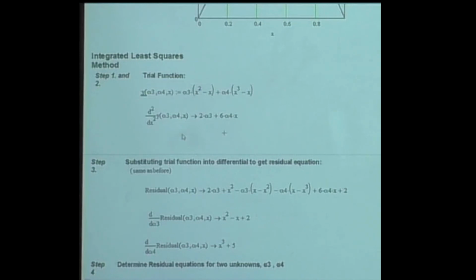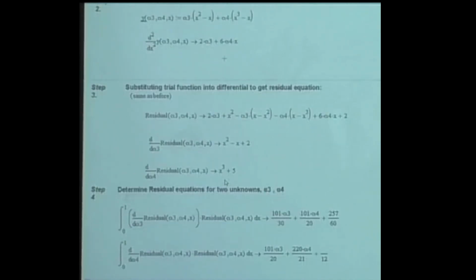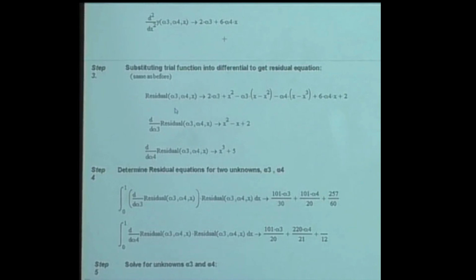And so then we've got the residual, and now the least squares method says that we need to take the derivative of the residual with respect to the unknown coefficients, so that they are alpha 3 and alpha 4. And so that gives us these two equations.